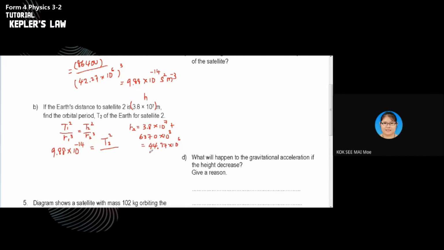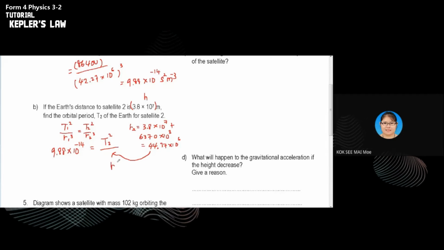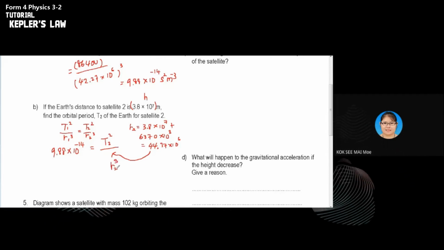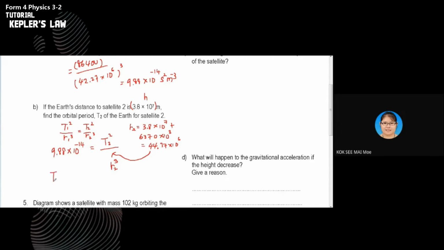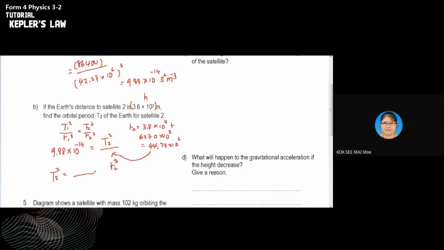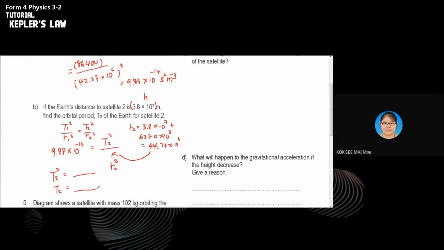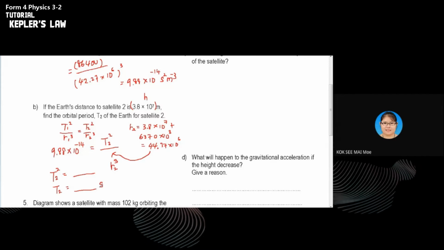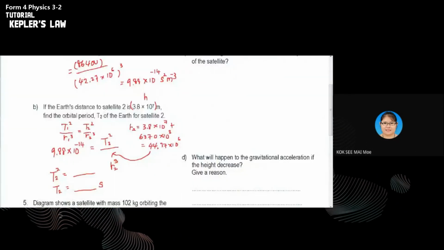So you put the number here. Remember your R needs to be cubed. Finally I want T2 squared. You get the answer first, then you take the square root, then the final answer is in seconds. Apply, please.